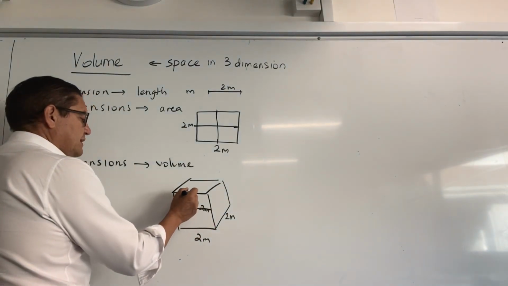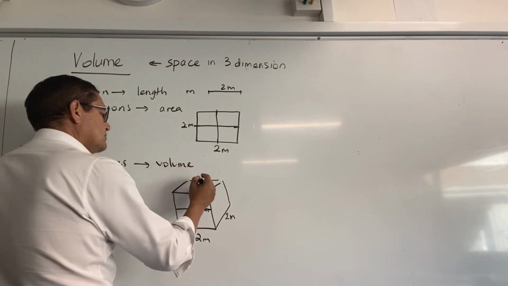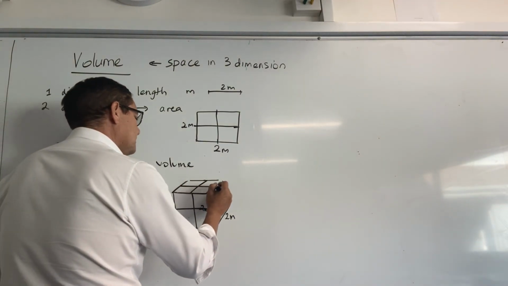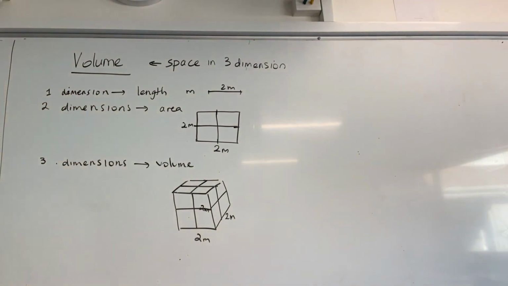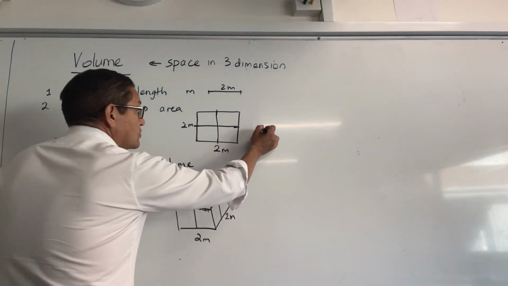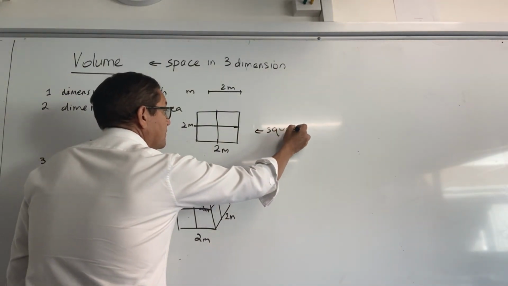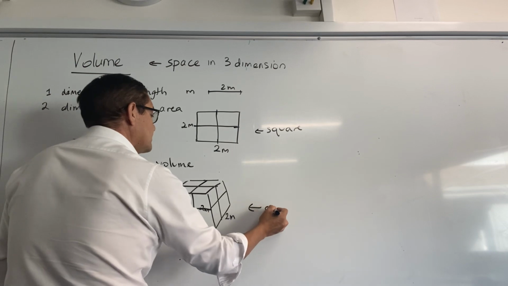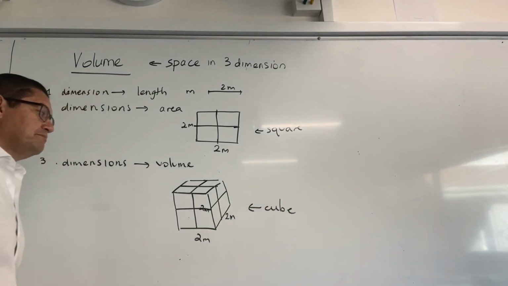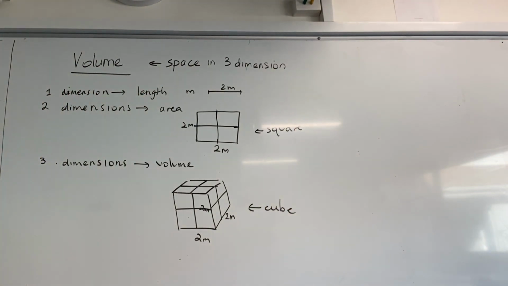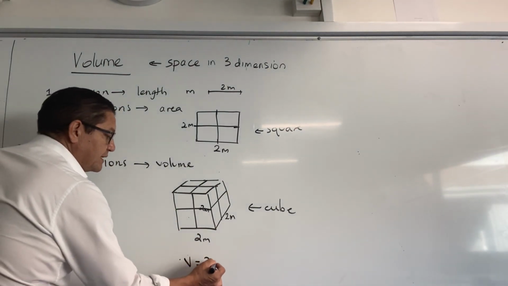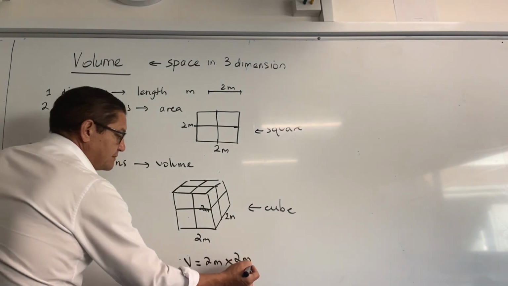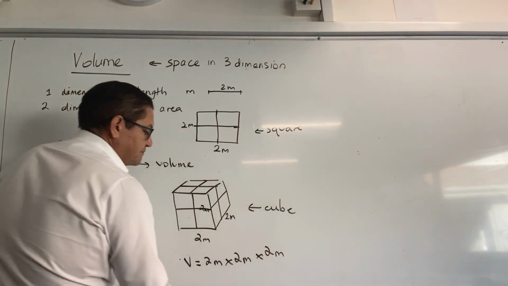And that's going to be 2 meters. This one up here is going to be 2 meters. Now that is going to give me a square, but this one here is going to be cubed. And the volume of this would be 2 meters times 2 meters times 2 meters.